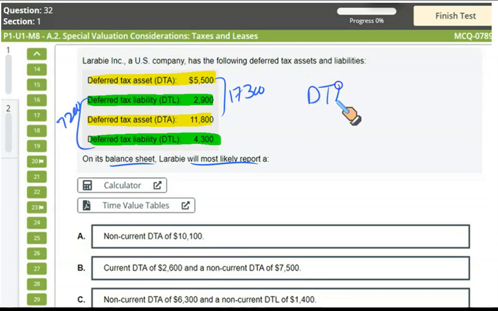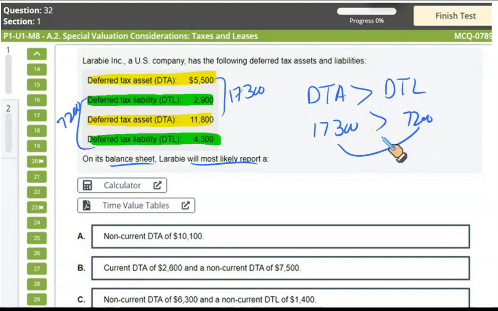Since your deferred tax assets are more than your deferred tax liabilities, 17,300 versus 7,200, the difference is 10,100. This is shown as a single item, a non-current deferred tax asset of 10,100.